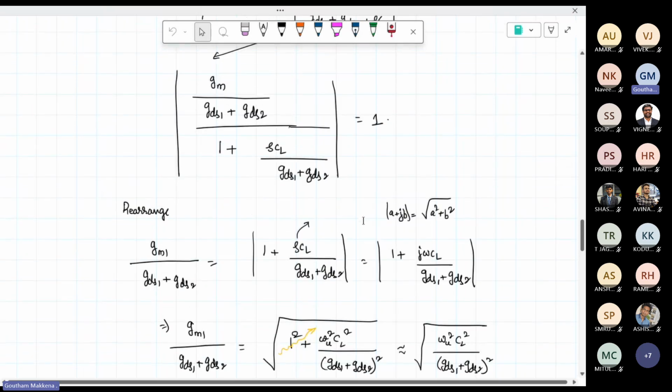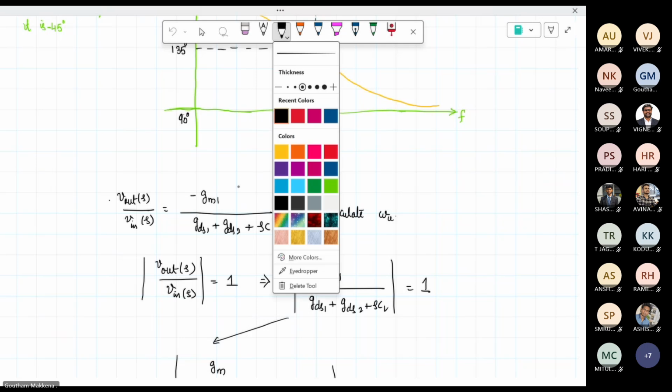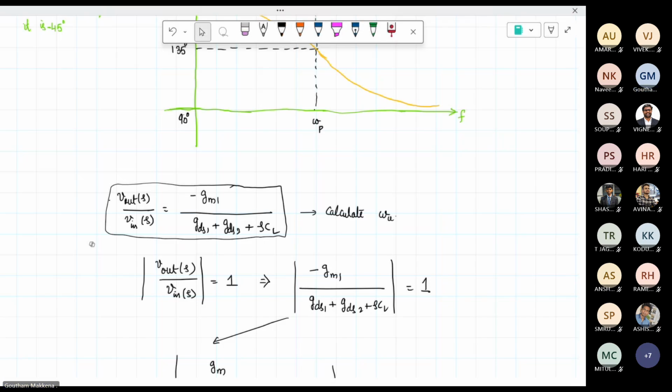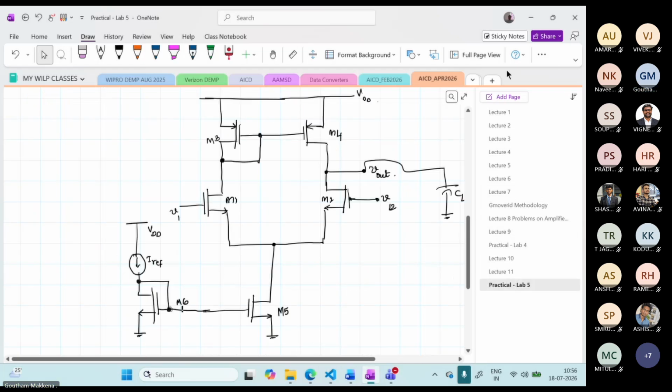Okay. So all this came from what? All this came from this one. What is this called? Transfer function. So for the given circuit, you have to calculate the transfer function. That is the starting point, right? Yes or no? Okay. Now tell me what is the transfer function of this one?